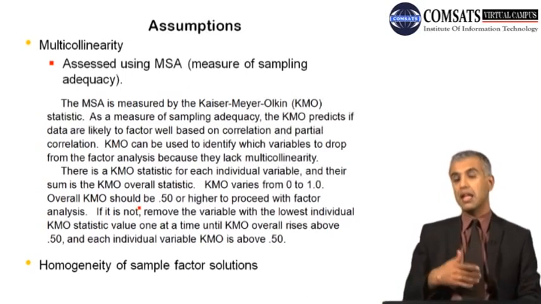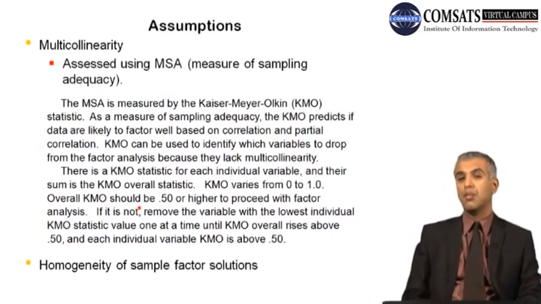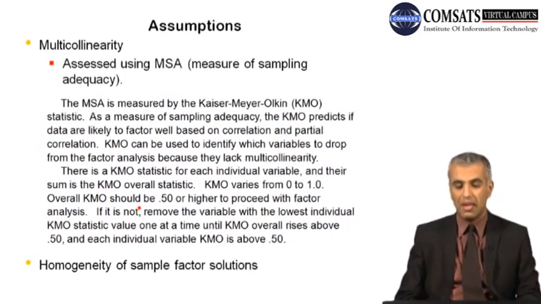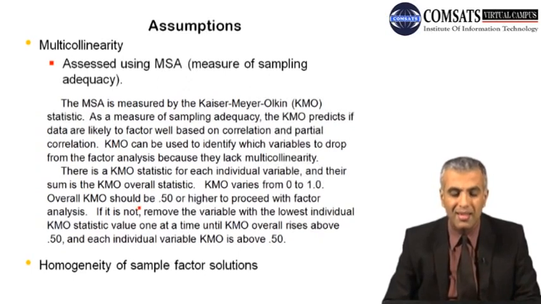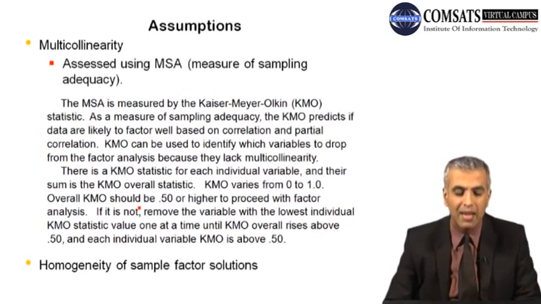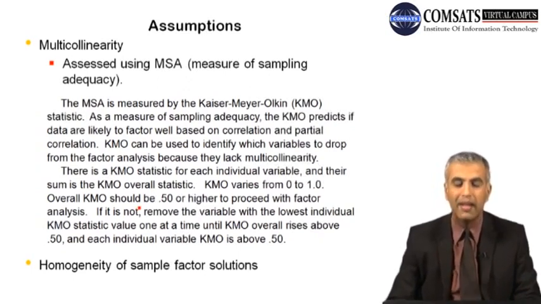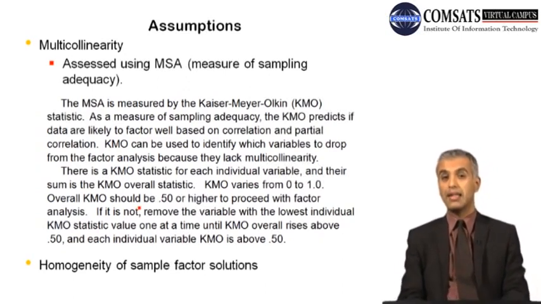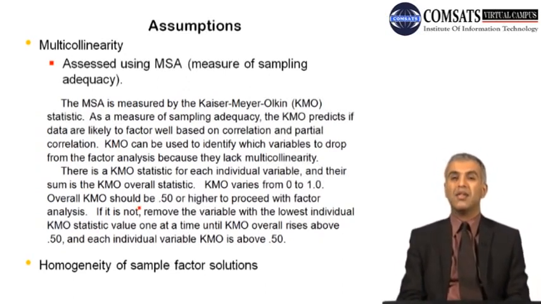Let's say we have gone through the formulating and designing of factor analysis. In this case, what would be the conditions? One condition is related to multicollinearity, which is about how much the variables are interrelated to each other.